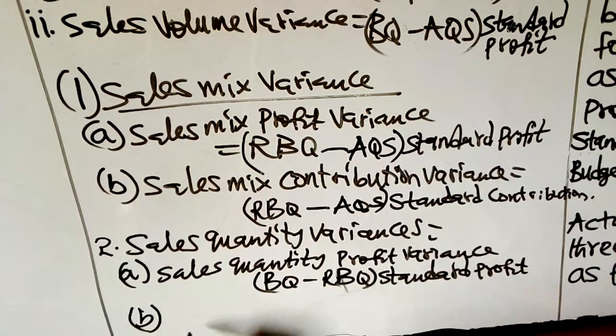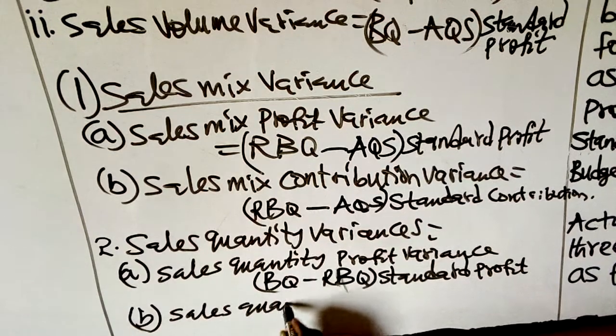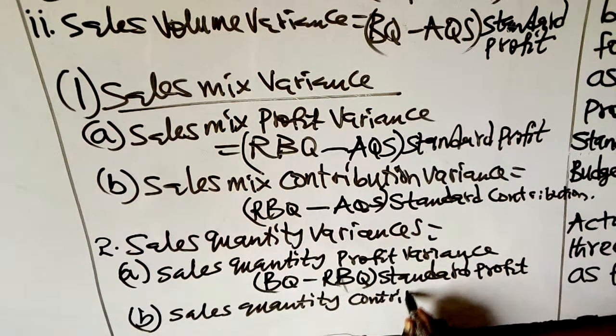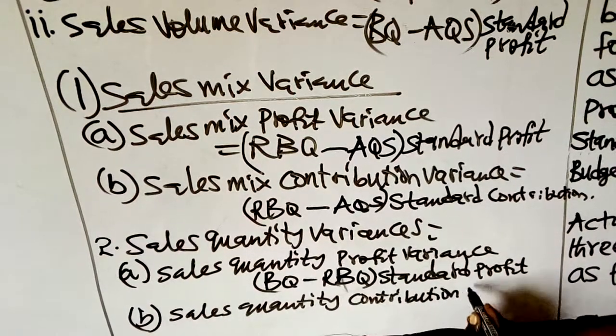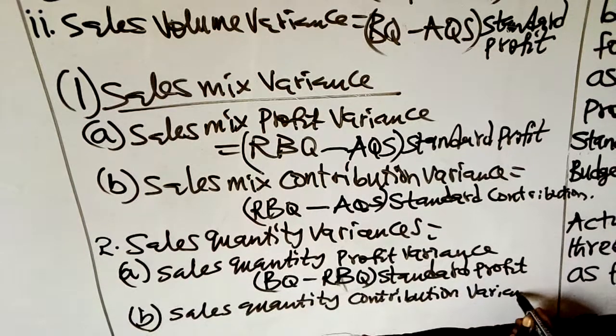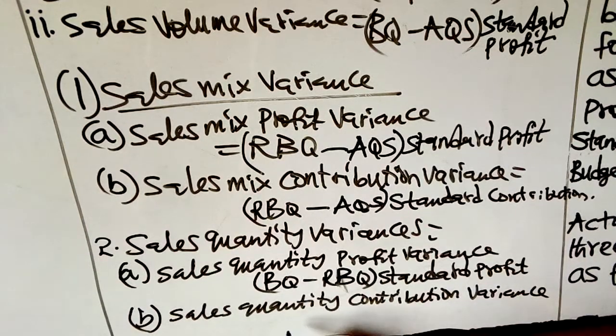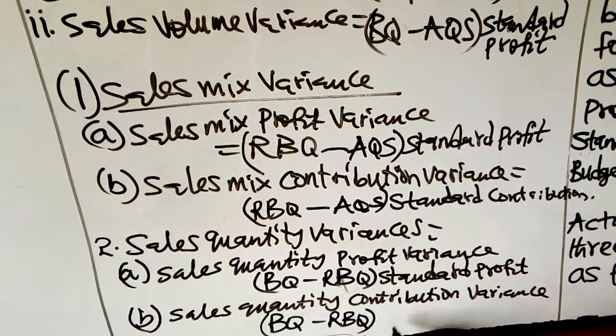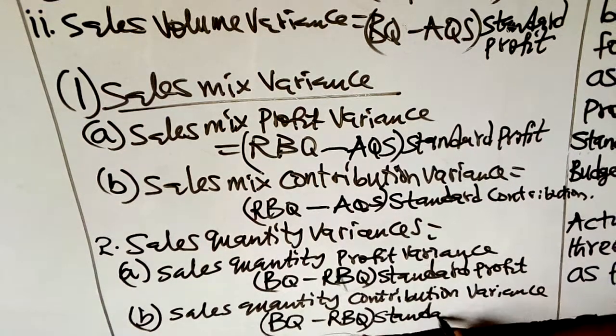If it is marginal costing, you have sales quantity contribution variance, which will now be budgeted quantity minus revised budgeted quantity multiplied by, instead of standard profit, we now have standard contribution.